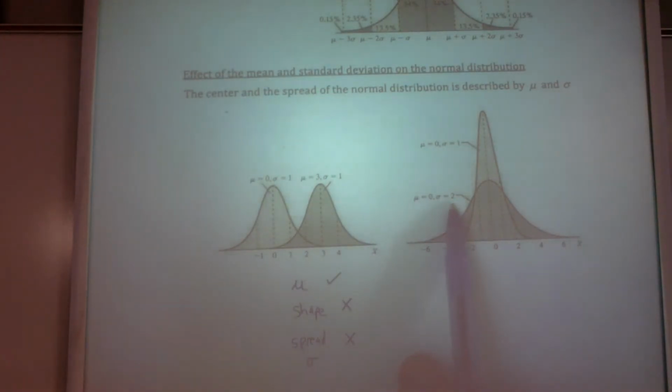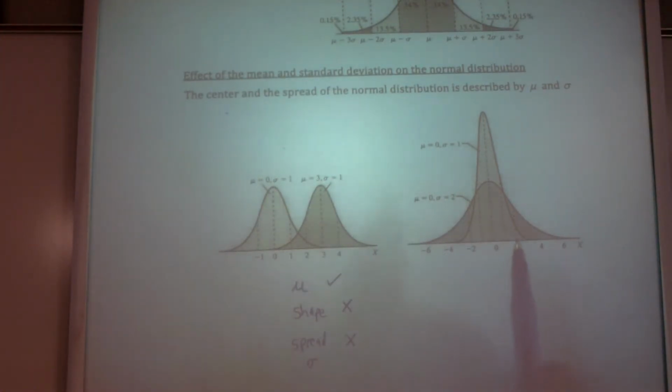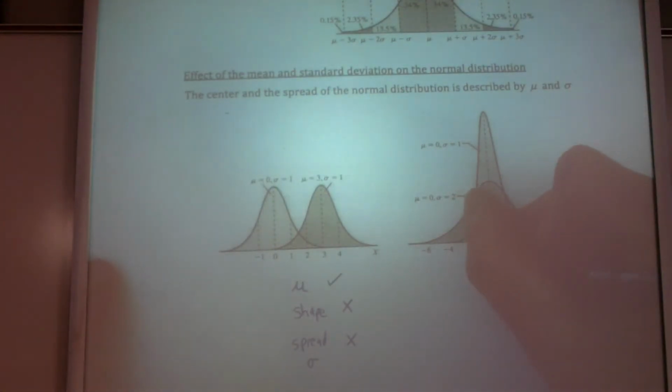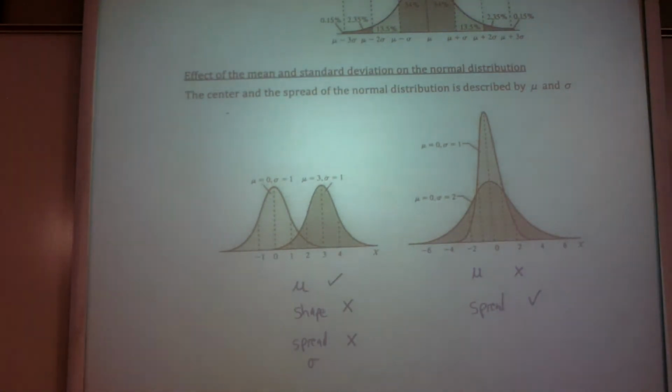But now that the standard deviation is doubled, I get 68 within 2 to negative 2, 95 within 4 to negative 4, and 99.7 between 6 to negative 6. In other words, the mean did not change on this one, but the spread absolutely did. It was doubled in its width.